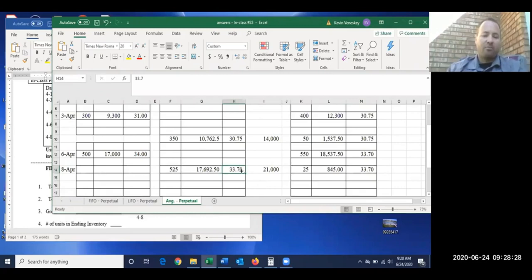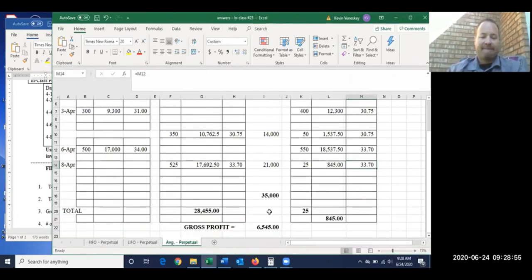So when I take that price times the 525 that I sold, this is what I'm going to get for my total. And then what I have left, I only have 25 items left at $33.70 a piece. And then I can fill out the rest.